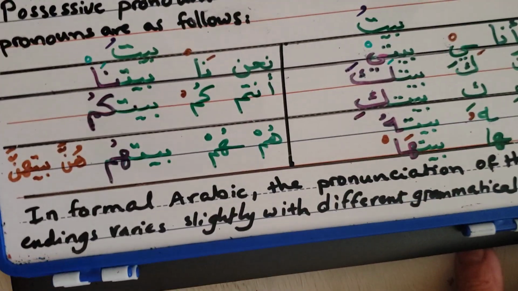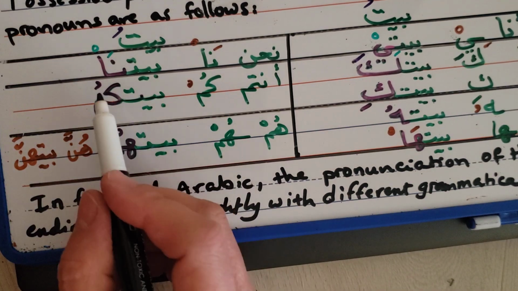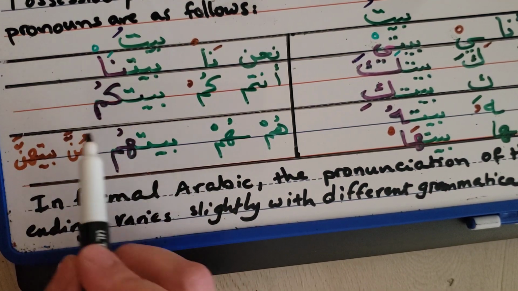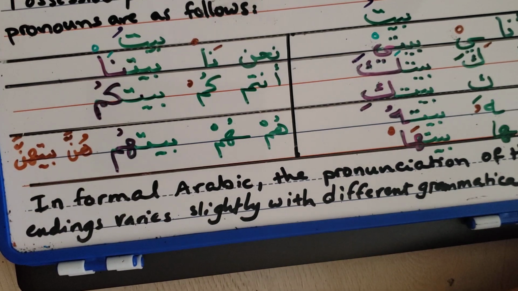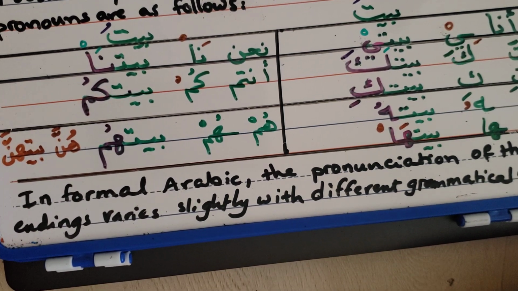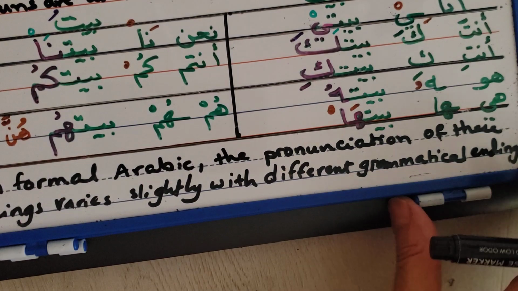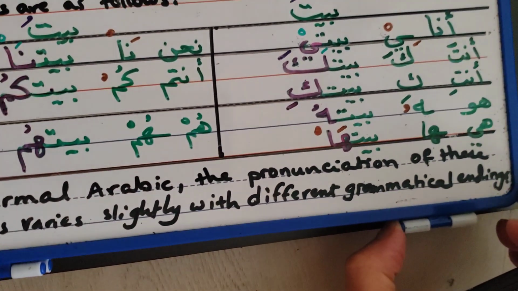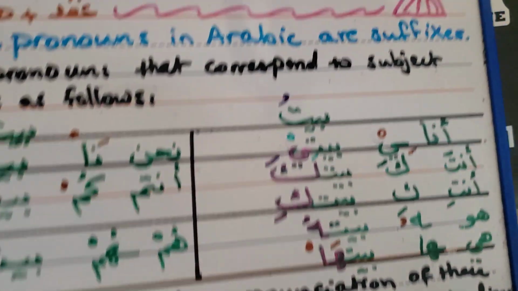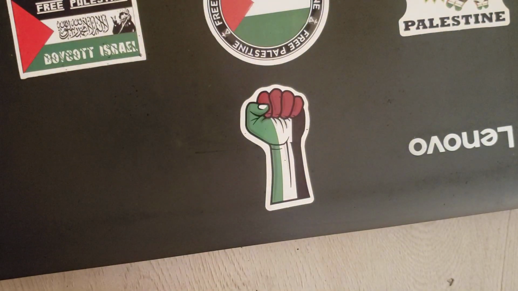There are variations. Of course, baytuna stands alone, and kum and hum, they are different. Okay, they're clearly, there are variances between them. And of course, bayti, my house, it's different from the rest. Now, the vowel sounds here are different. Ka, ki, hu, ha. So they're talking about these vowel ending variations.